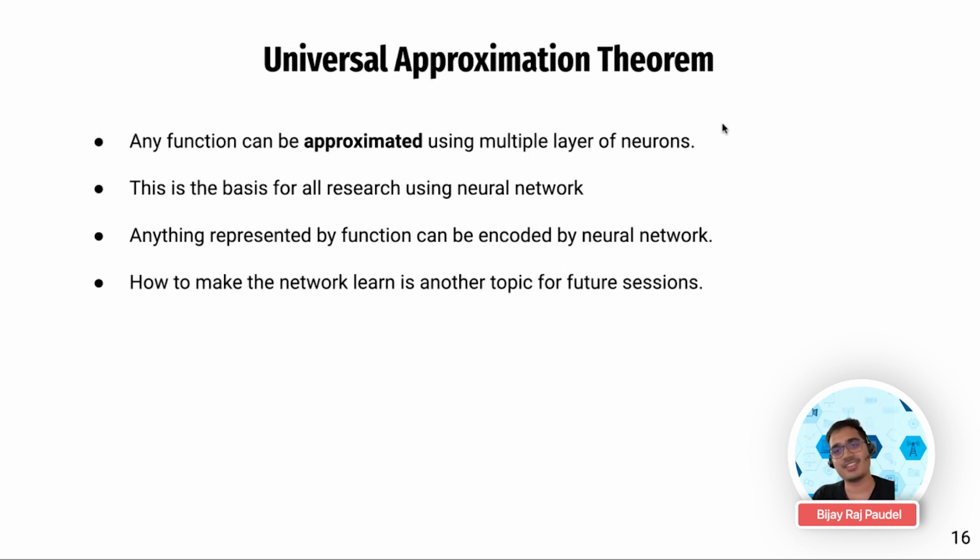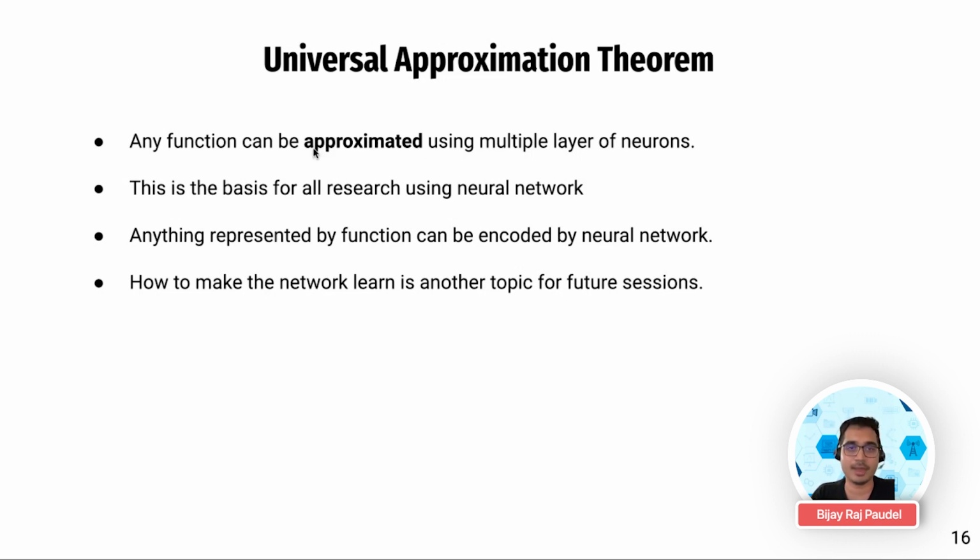So if you combine those two hypotheses, then you will get something that can model intelligence or any other functions using neural networks or multiple layers of neurons. But highlight the term approximated. The theorem does not say it will exactly give the output.